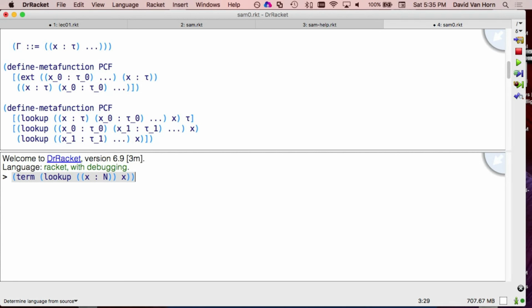The same is true with meta functions. So you might think that this would just construct lookup blah, blah, blah, but it actually interprets the lookup meta function. So what we get back is the result of the lookup, which is the type nat.